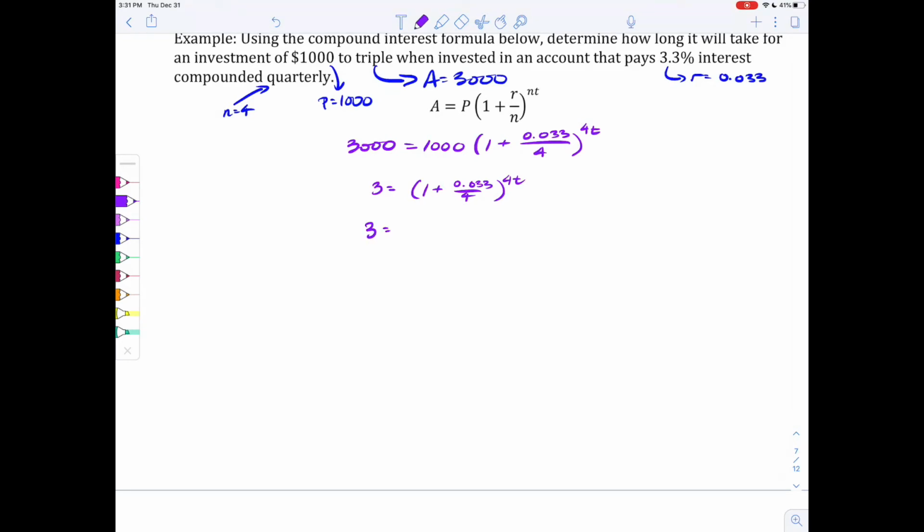So 1 plus 0.033 over 4 is 1.00825, and we're taking that to the power of 4t. And yeah, we have to use logs at this point. So I'm going to take the log of both sides. I can choose whatever base I want, but knowing that I have to use the calculator eventually, I'm just going to stick with base 10.